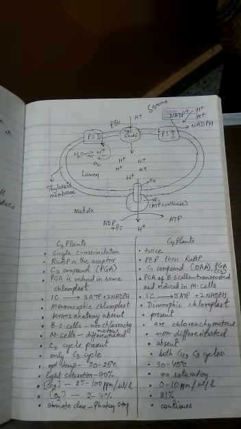But in the case of C4 plants, carbon dioxide assimilation occurs two times. First, it occurs in the mesophyll cell in the form of a 4-carbon compound, and then it is transported into the bundle sheath cell, where carbon dioxide is again liberated, and then this carbon dioxide enters the C3 cycle. So it occurs two times in the case of the C4 plants.